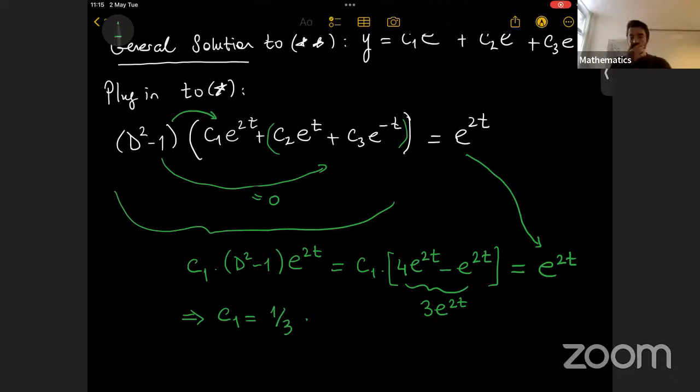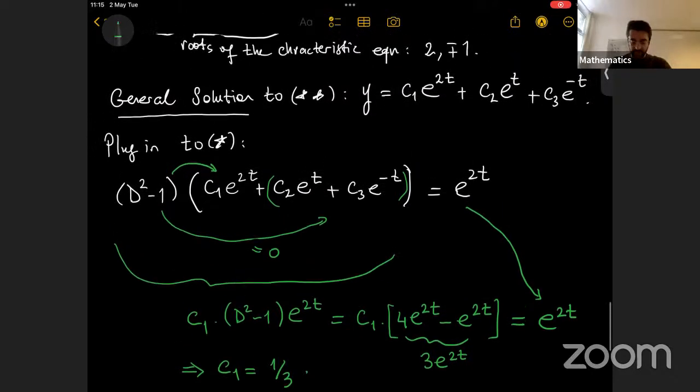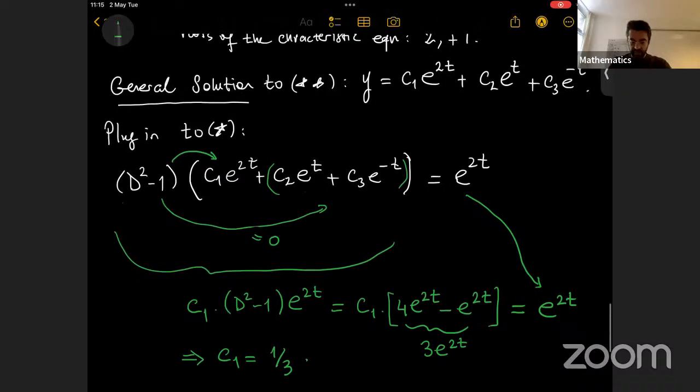Now let's return to the solution here. So we get from this that C1 is 1 over 3.